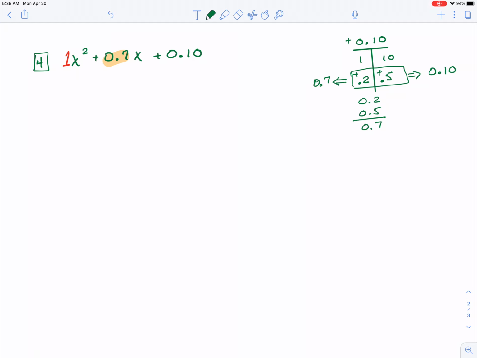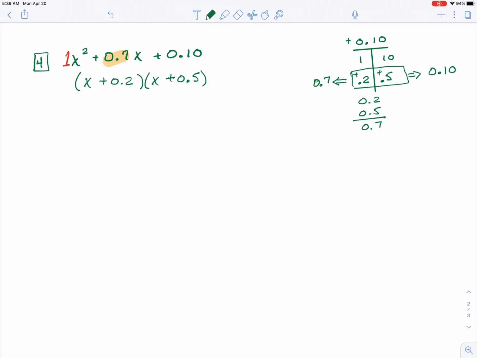And again, because the lead coefficient is 1, I don't have to spread things out and do all of this extra work like we did on the previous ones. I can go directly to the numbers that I found in the chart over there. So that's why these become much easier problems when that lead coefficient is 1.